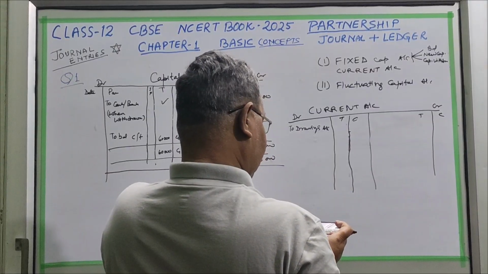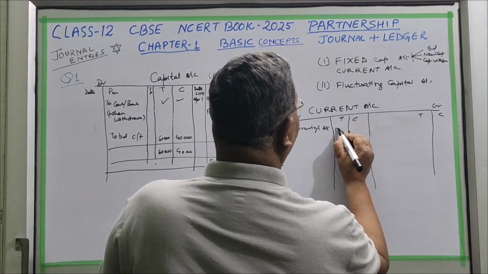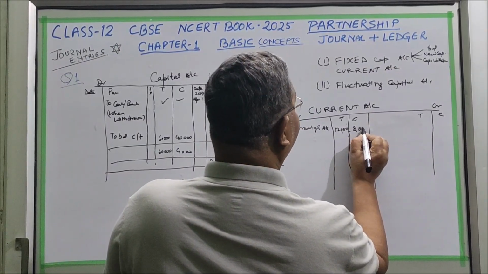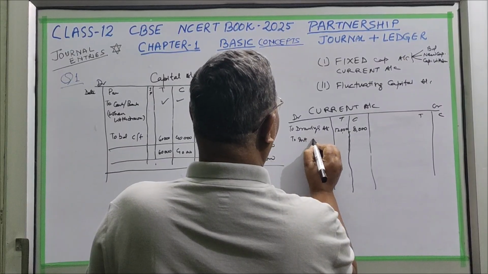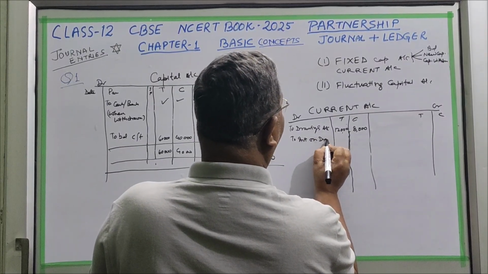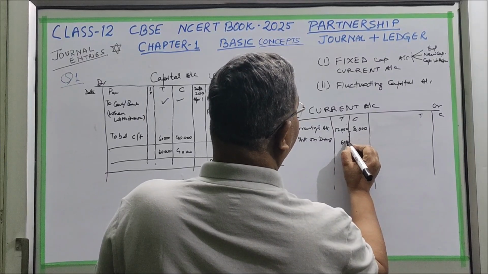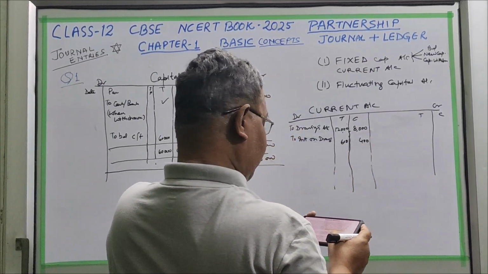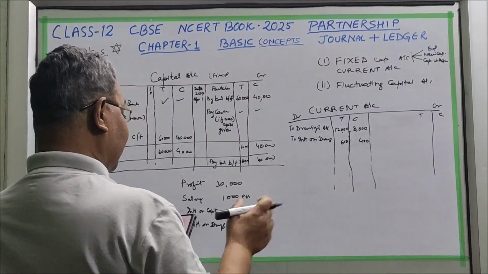Tripathi has withdrawn 12,000 and Chauhan has withdrawn 8,000. They have to pay interest on drawings to the interest on drawings account. 5% of 12,000 is 600, and 5% of 8,000 is 400, which they have to pay as interest at the rate of 5% irrespective of the date.